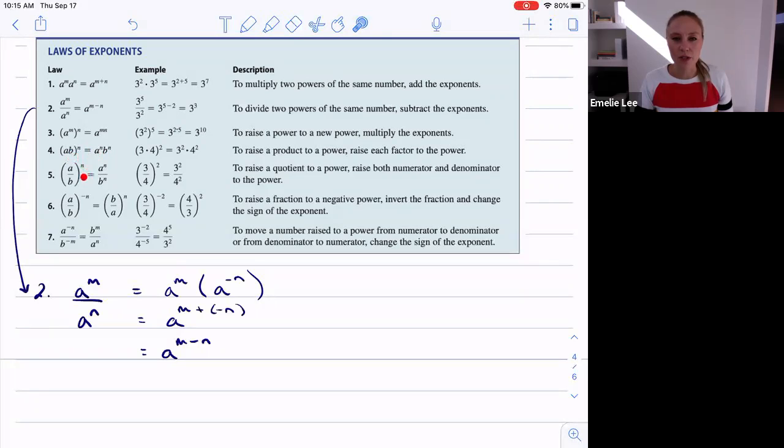Same rule applies for division, right? You've got a over b on the inside, and then on the outside you've got to the power of n. Well, I'm allowed to distribute this n onto both a and b, right? It has to get distributed on both of them, but I'm allowed to do that.